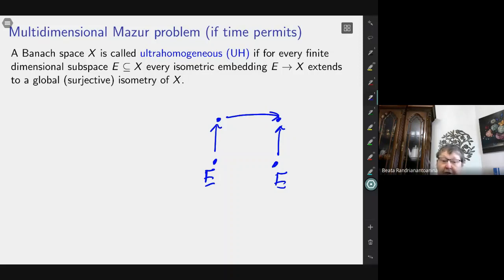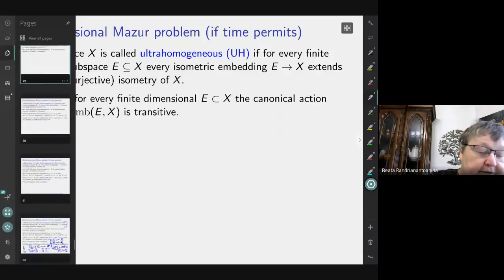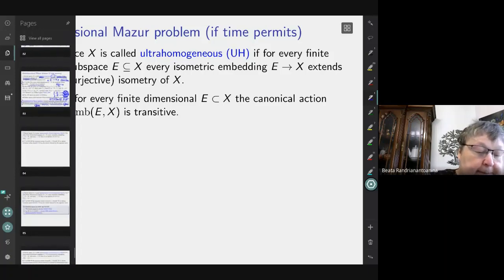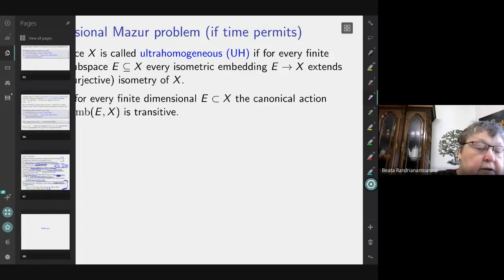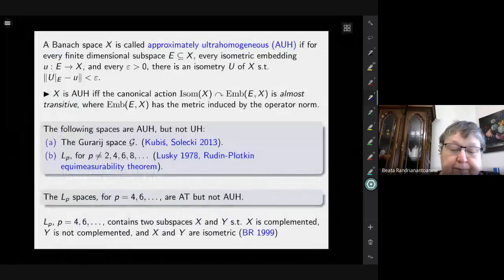In particular, if you take the space LP, I didn't have time to show it. Maybe let me show the last slide, which I didn't have time to show.